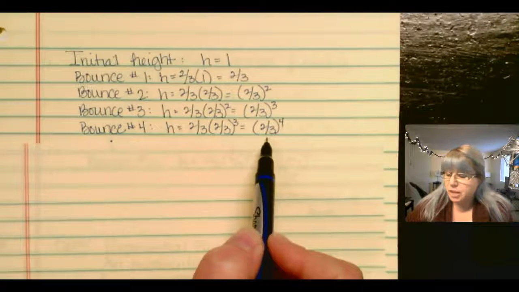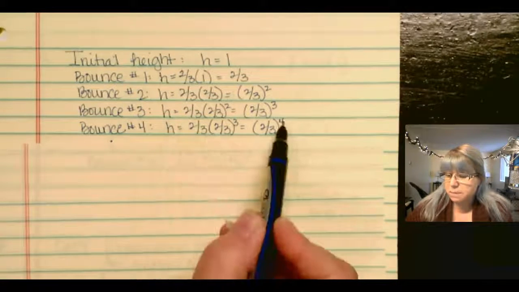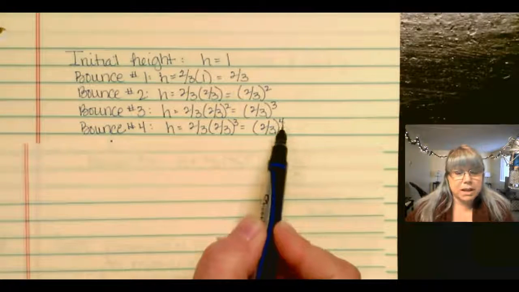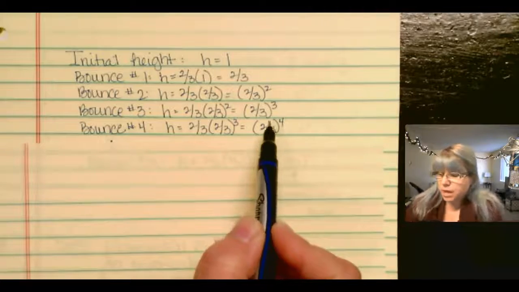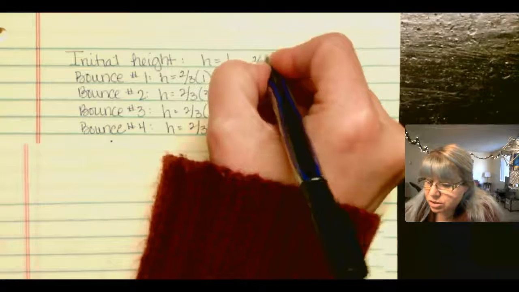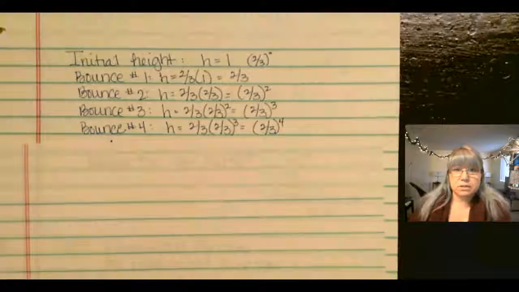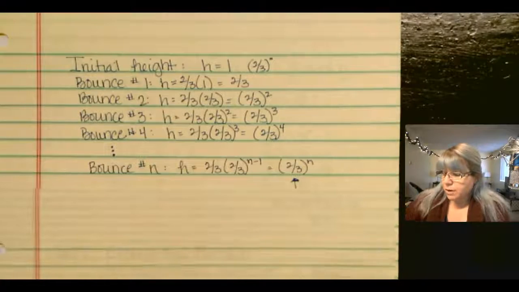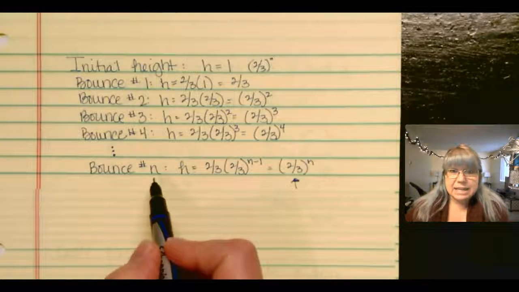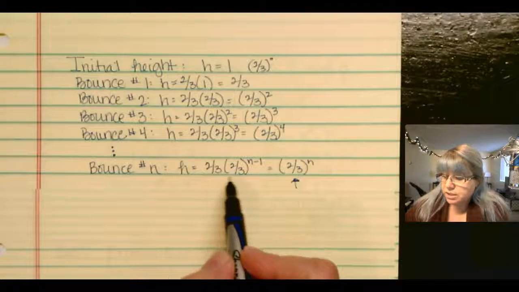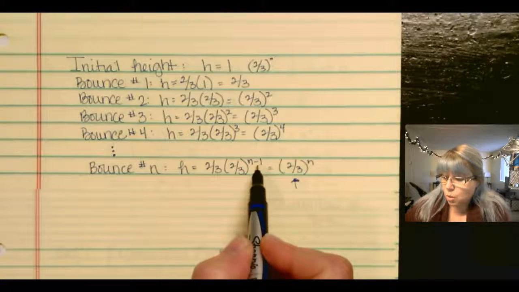If you notice, the number of the bounce will be the power, the exponent. We can even write the initial height as 2/3 to the 0, so our formula will hold. For any nth bounce, our height is going to be 2/3 times 2/3 to the n minus 1.